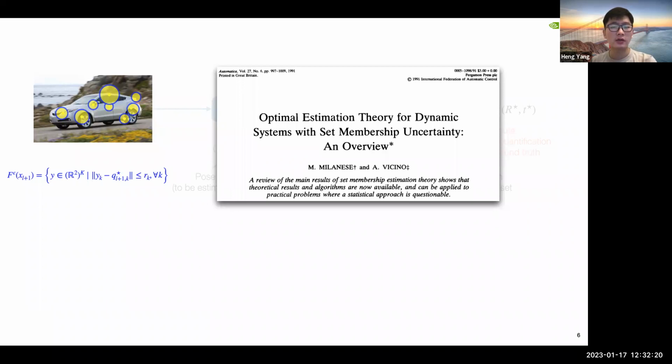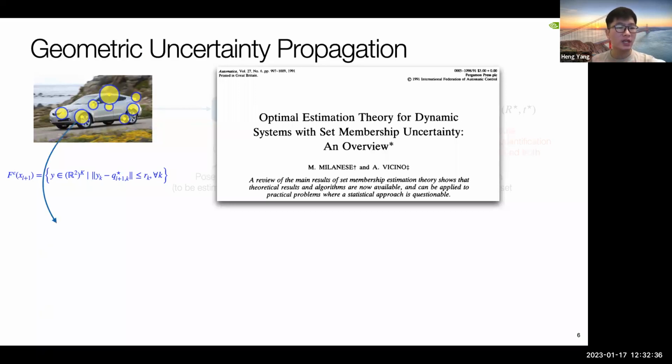So really the idea here is that when we are given a set of measurements, then we form a set on the models that are compatible with my measurements. So specifically, in our case, we have each of these key points defining an inequality constraint on the ground truth key point yk, right?